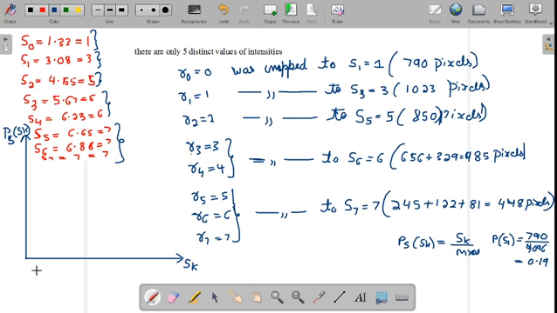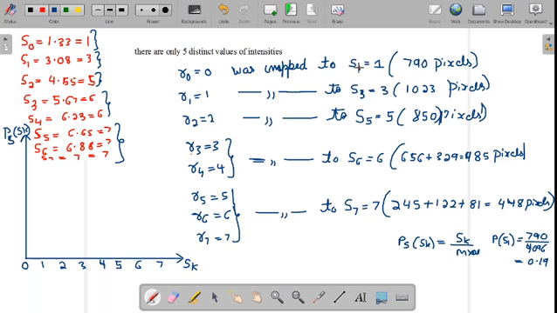So if you plot over here, the levels are 0 1 2 3 4 5 6 and 7.